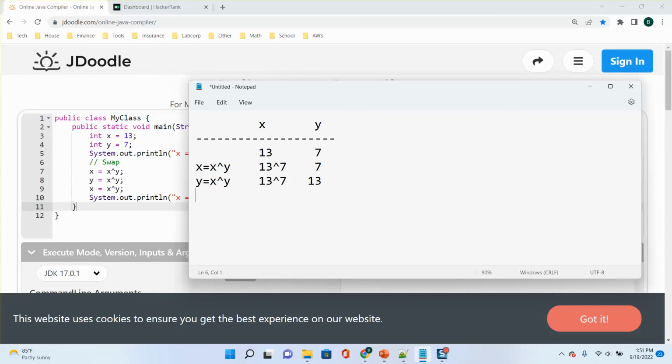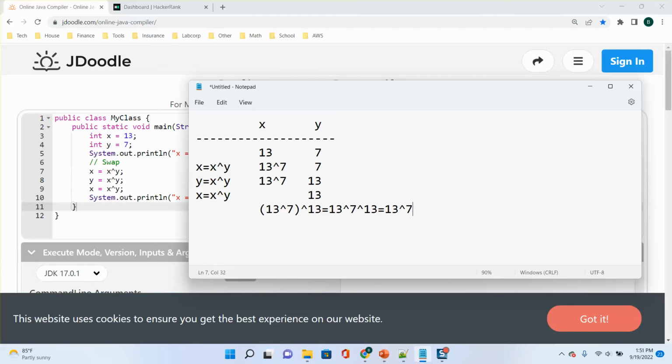Okay. Now I do this again. In this case, y doesn't change and x becomes this one, equal to 13, and y is okay. Now because there's not enough space, y is still 13, and I change a line. X becomes x exclusive-OR y, right? Y is 13. So this is equal to this number and then 13.